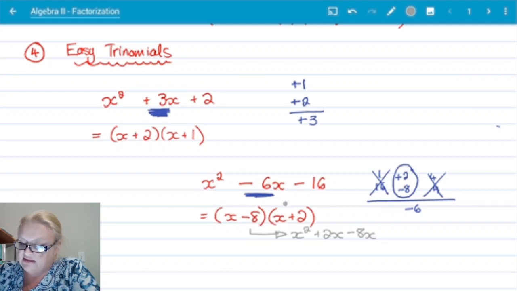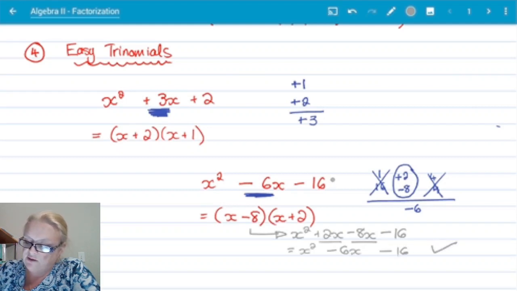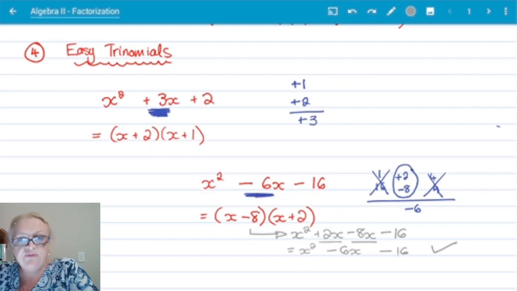And negative 8 times 2 will give you a negative 16. If I now add like terms, I get x squared minus 6x minus 16. And therefore, yes, I'm correct. Does that make sense to you? So we take the factors of the last guy that will give us the middle guy. Let's try another sum.